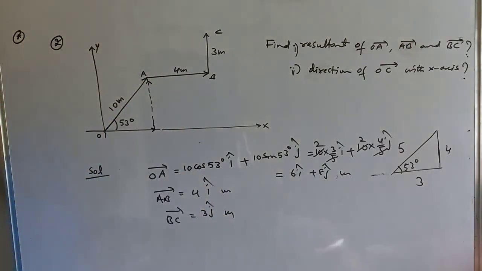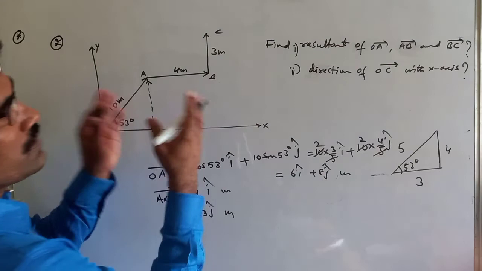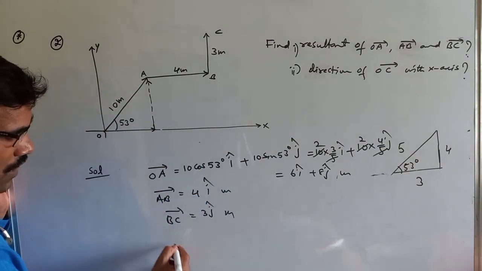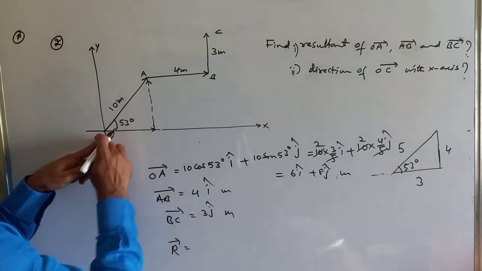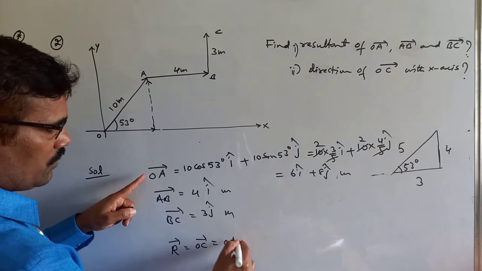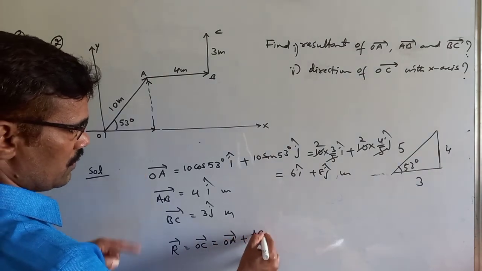Okay. So then what is the resultant? The resultant R bar is nothing but OC bar, which is equal to the addition of all these three vectors.